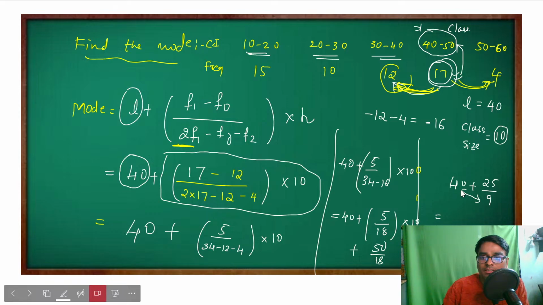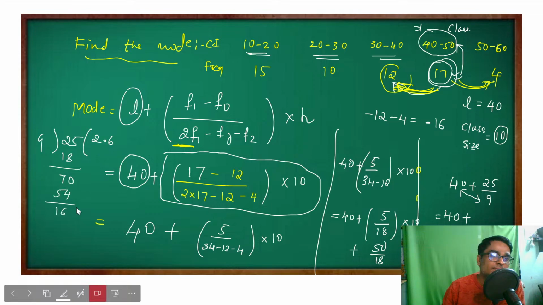Divide it. 25 by 9. 9 2s are 18. 7 is remaining. 0.70. 9 6s are 54. 16 is remaining. Then 9 1s are 9. 7 is remaining. Again 70. So this repeats. 2.61 you can take. Then add it. 42.61 is your answer.